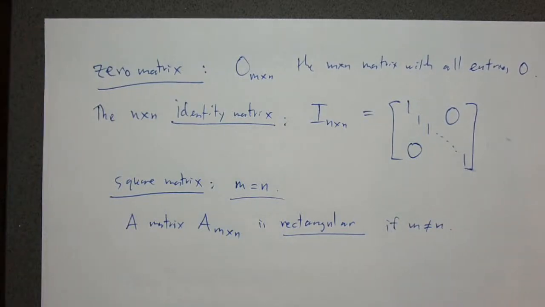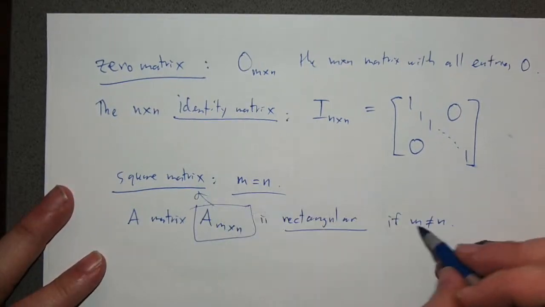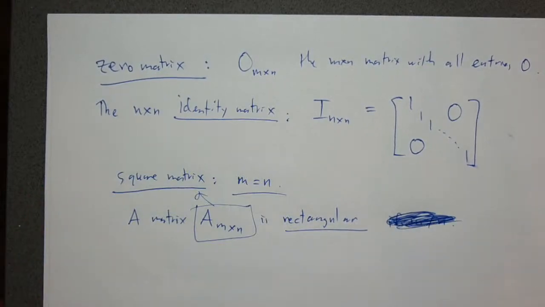It's a little bit confusing because this is not really what I intend by rectangular matrix. Typically, when you say rectangular matrix, it's fine if it's a square matrix. So maybe I don't want to say this. The default assumption is that you have a rectangular matrix that's actually rectangular. But sometimes you'll just say A is an m by n matrix and it's rectangular, basically as kind of a general position type thing.